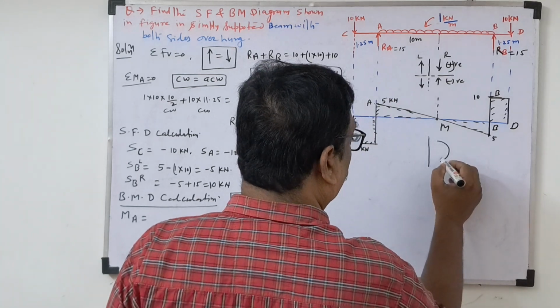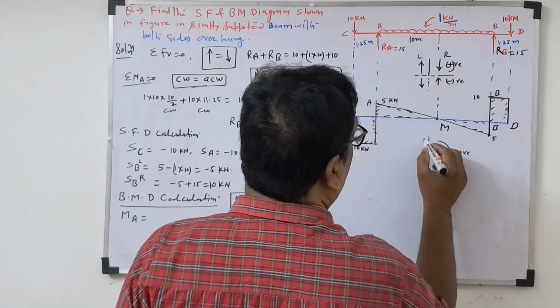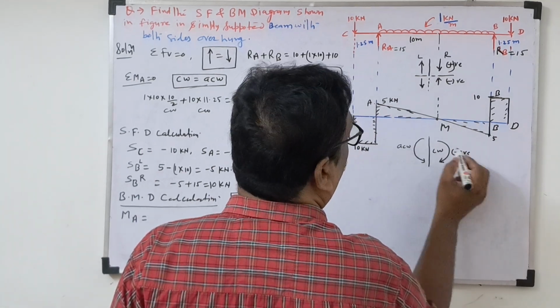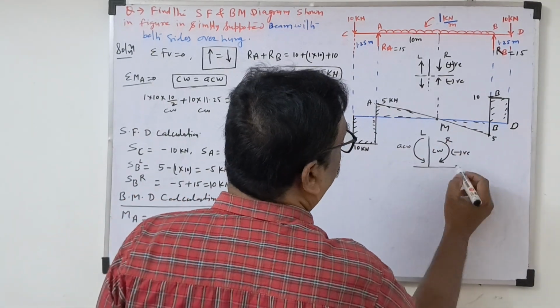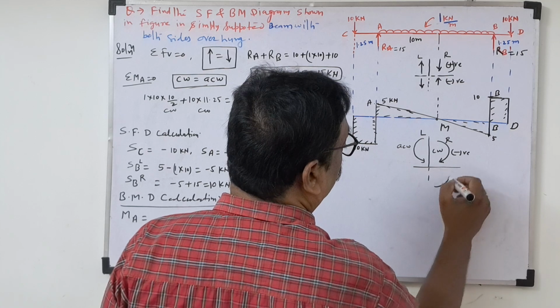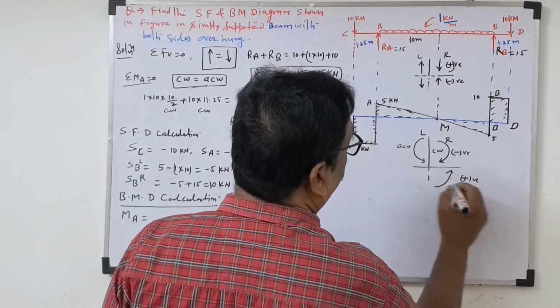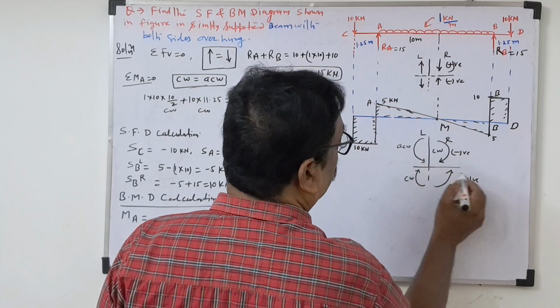If we go clockwise, negative. If we go anti-clockwise, ACW, positive. This is the right side, this is the left side. Then draw the bottom: this is clockwise, this is anti-clockwise, positive, and this clockwise will be the positive.